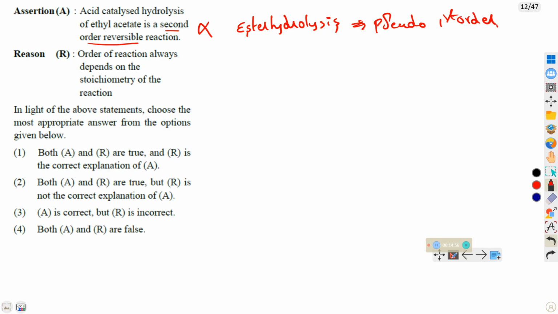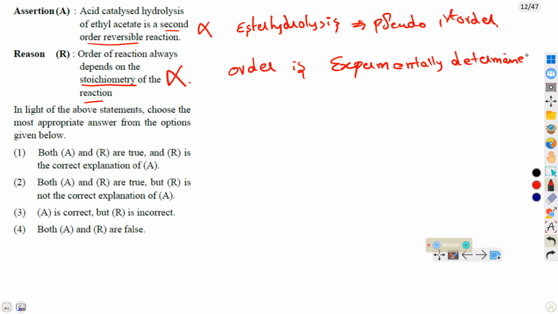The order of a reaction always depends on the stoichiometry of the reaction. Wrong. The order of a reaction is experimentally determined. So both statements are wrong.